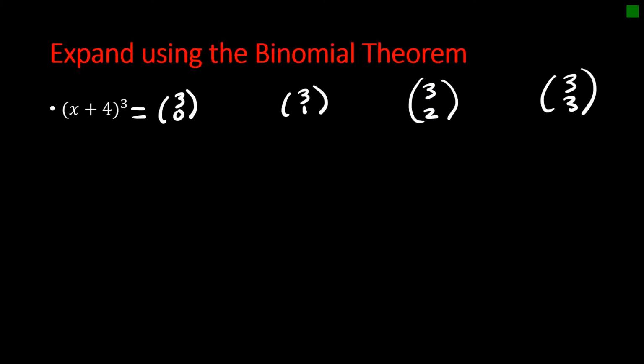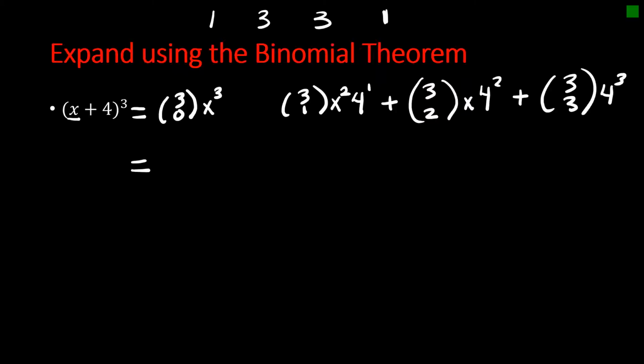Now, if you go back to Pascal's triangle like we did in the last lecture, we know that the third row is 1, 3, 3, 1, and that's what these coefficients will mirror. The first term in this expansion is x, so we're going to have an x cubed, an x squared, an x, and then no power of x. The last expression is 4, so we're going to have a 4 cubed, a 4 squared, a 4 to the first power, and then no power of 4.